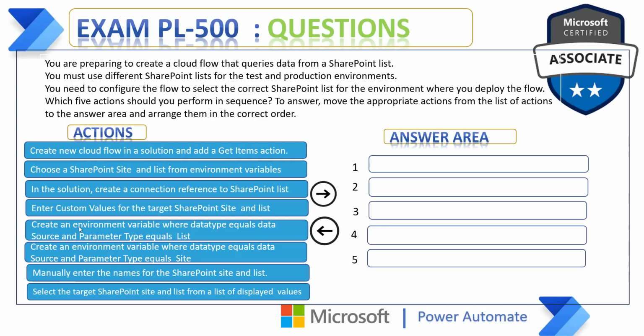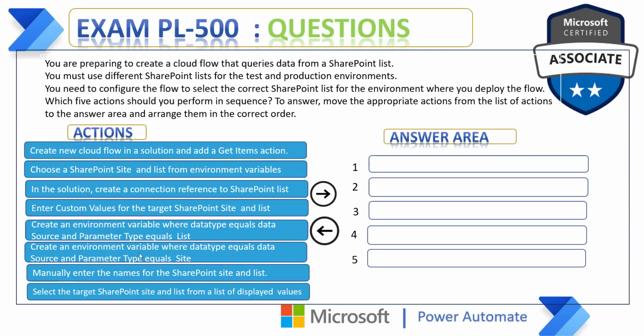Coming to the fifth action, create an environment variable where data type equals data source and parameter type equals list. Correct. We have created an environment variable where data type equals data source, which will connect to the connection reference, that is SharePoint, and then we selected parameter type as list, that is for issue tracking. Action 5 also is correct.